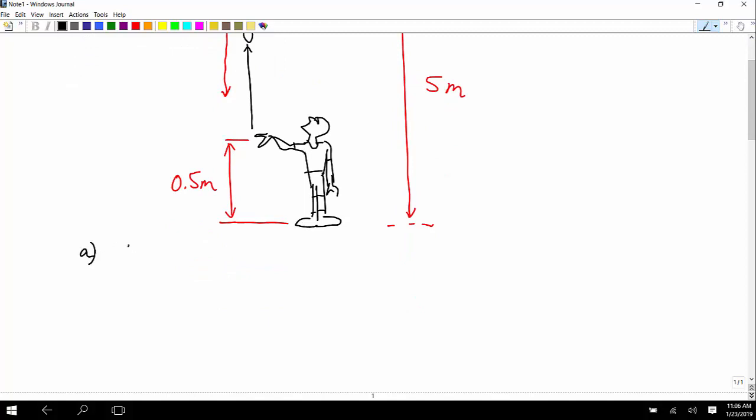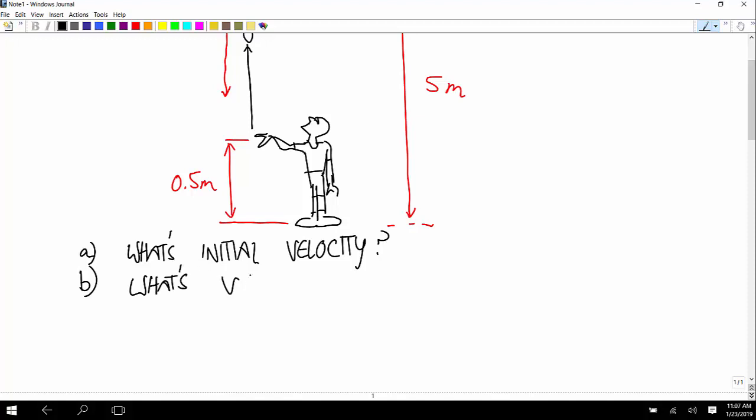First, we want to know what's the starting velocity. What's the initial velocity? Yep, that's what we're trying to calculate. And second, we want to know the velocity when it returns to a height of 0.5 meters.